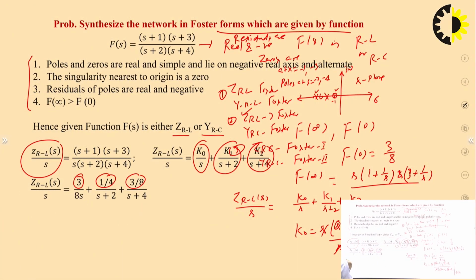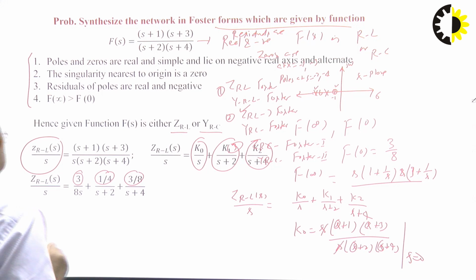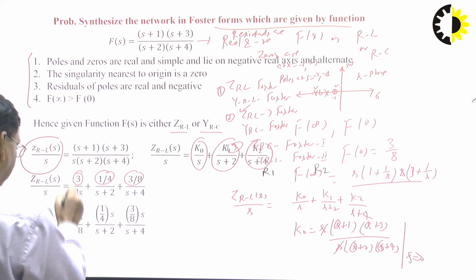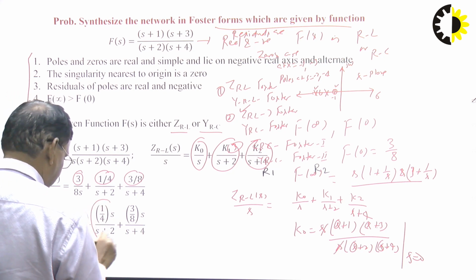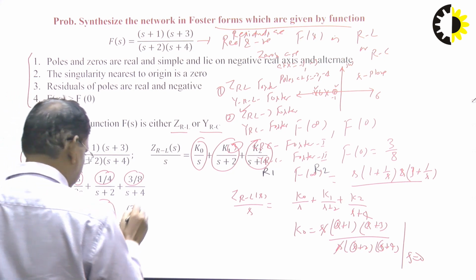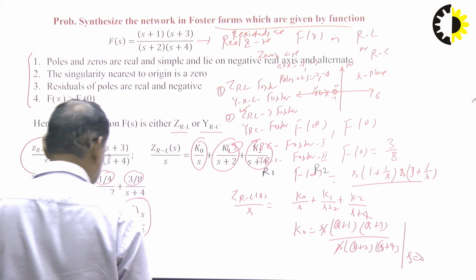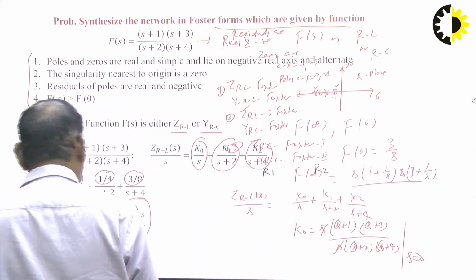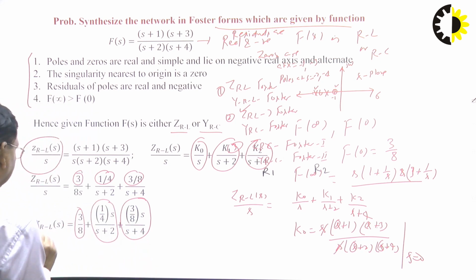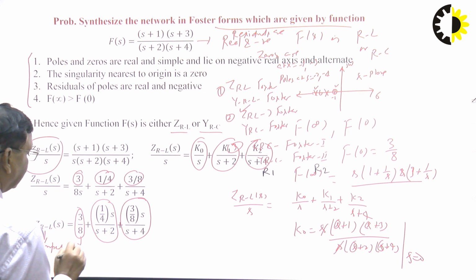Now find the ZRL S. So this is 3 by 8, this is 1 by 4 into S divided by S plus 2, and this is 3 by 8 S divided by S plus 4. So there are 3 terms. This is an impedance, this is an impedance, so this is also an impedance.